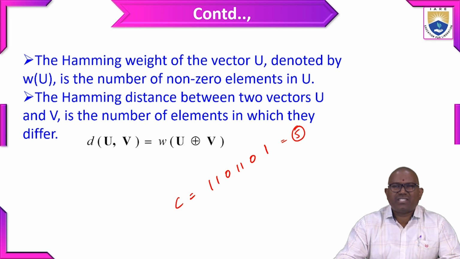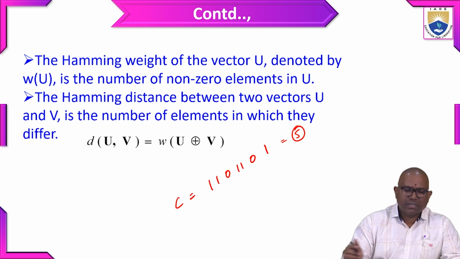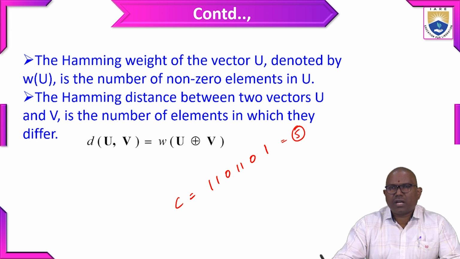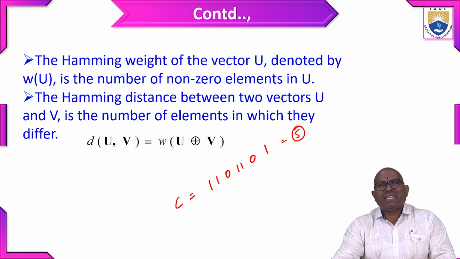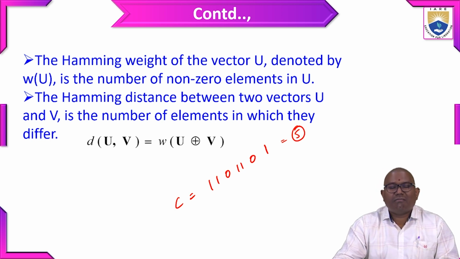And what is the Hamming distance? The Hamming distance between two vectors u and v is the number of elements in which they differ. Here we use the modulo-2 sum, or XOR operation, between these two vectors. Then you can find the Hamming distance between two vectors. It is denoted by d of u comma v.